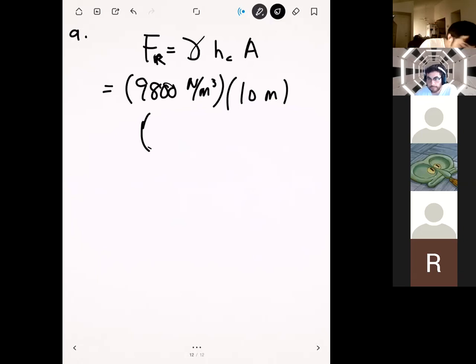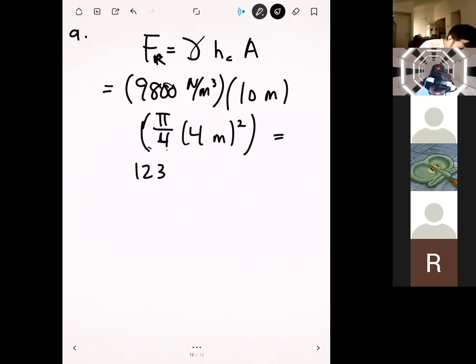But since we're given the diameter, the way we can express this is pi over 4 times d squared, where d in this case is 4 meters. We plug all those numbers in, and we get a force magnitude of 1,231,504 newtons.